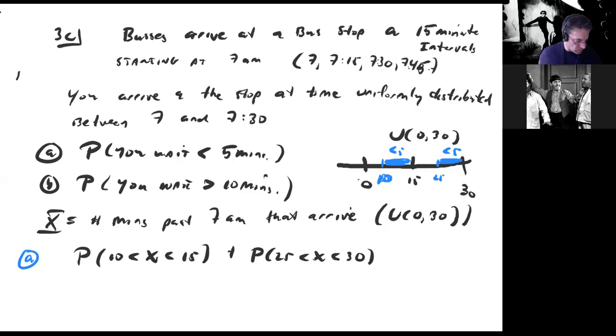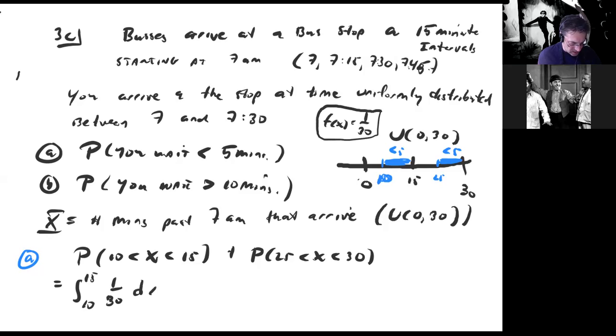Now that's easy to compute with the uniform PDF, because it's the integral from 10 to 15 of 1 over 30, because remember f of X here in this case is 1/30th, according to the formula. It's 1 over B minus A, right? Inside the interval. So it's 1/30th dx.